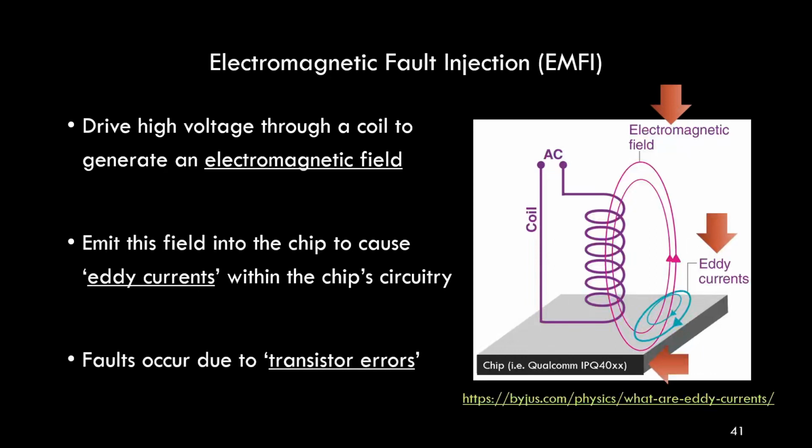Due to those eddy currents, the transistors will be affected and will actually enter erroneous states. And this is exactly what we use in order to introduce those faults that allow us to modify software. Because you can imagine, if we affect the transistors that are used to implement the processor, it is not guaranteed anymore that the software will be executed as intended.